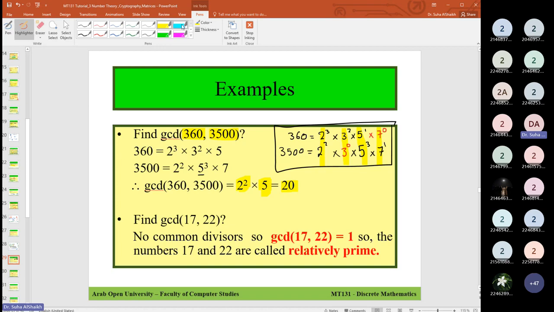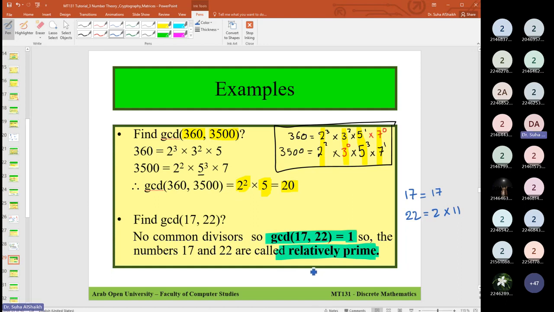Now, whenever two numbers have a GCD equal to 1, we say that they are relatively prime. Two numbers are said to be relatively prime if the GCD between them is equal to 1. For example, 17 is a prime, so it is just 17. The 22 is equal to 2 multiplied with 11.